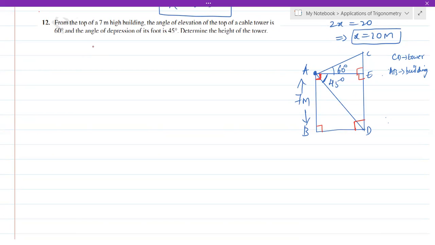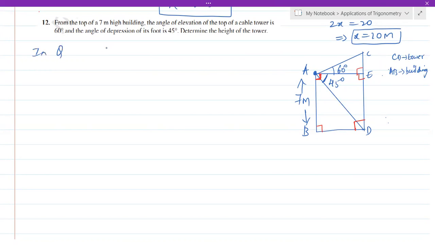Now here there are many right angle triangles. But we'll be taking only a few. See, ABD is a right angle triangle, AED is a right angle triangle, AEC is a right angle triangle. Now if you observe the quadrilateral AEBD, all the four angles are 90 degree. Therefore, it's a rectangle, isn't it? So let me write that.